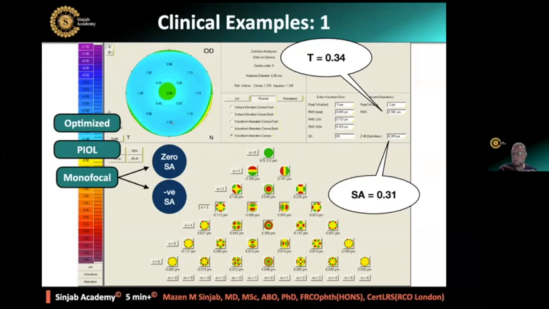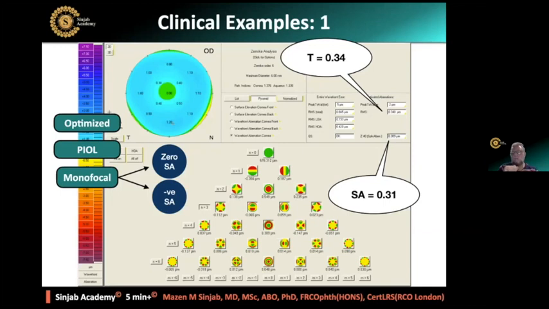But let's assume that this patient is a cataract patient and we are going to remove the cataract, okay? So we are going to implant, for example, monofocal. If we leave his spherical aberration, then he will get benefit from the depth of focus. So we implant zero spherical aberration.